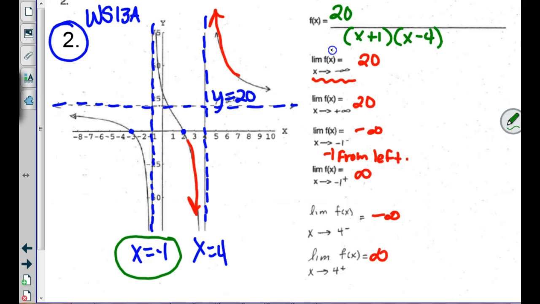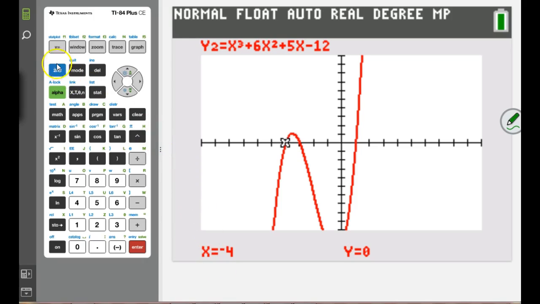Oh, zeros are x-intercepts. Okay. So where is there an x-intercept? So what does that mean about the top? Well, x plus 3, right? Because if you put in -3, you get out 0. What else? There's x minus 2. Okay. Now is it equal weight? Do we have an x squared on the top and an x squared on the bottom, right? Okay. I don't know if we need anything else, but let's try typing it in.